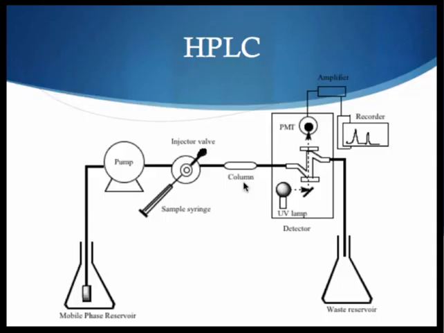And so just recall that the more theoretical plates that you have in the column, the better your separation is going to turn out. And so as the individual compounds elute off of the column, they will go through the detector, which has a photomultiplier tube.